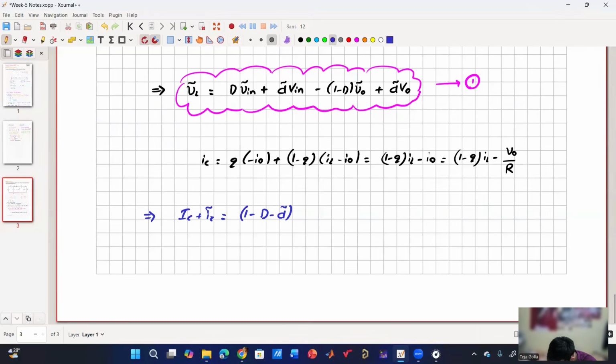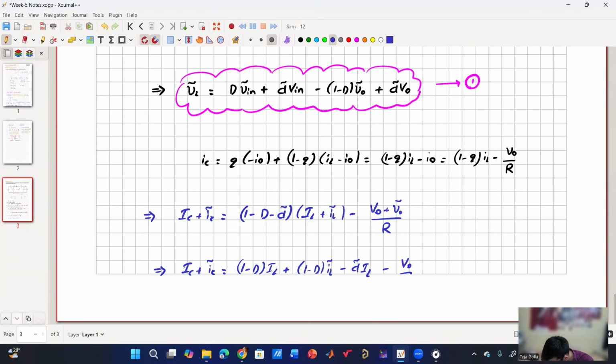So (1 minus D minus D tilde) into (IL plus IL tilde) minus (V0 plus V0 tilde) by R. So I have IC plus IC tilde equal to (1 minus D) into IL plus (1 minus D) into IL tilde minus D tilde into IL minus V naught by R minus V naught tilde by R, and minus D tilde into IL tilde.